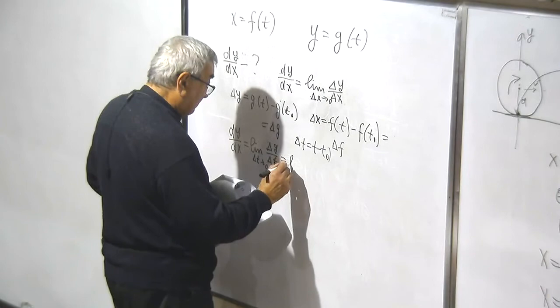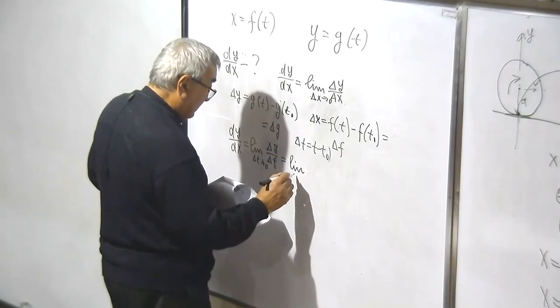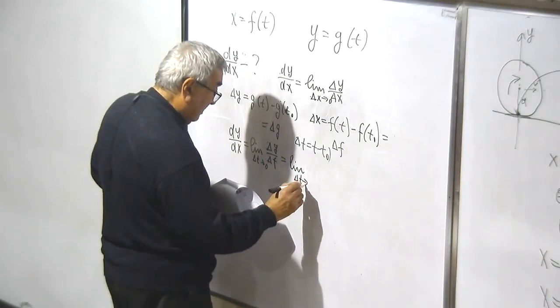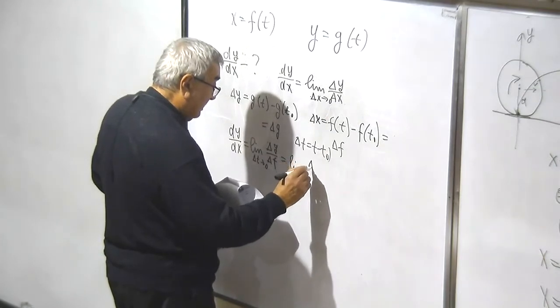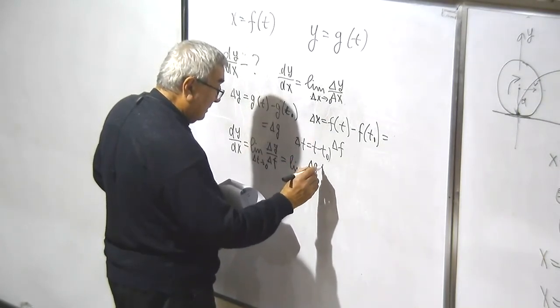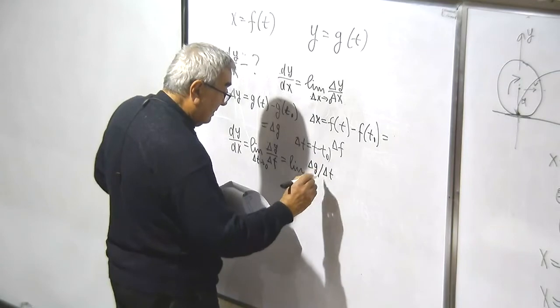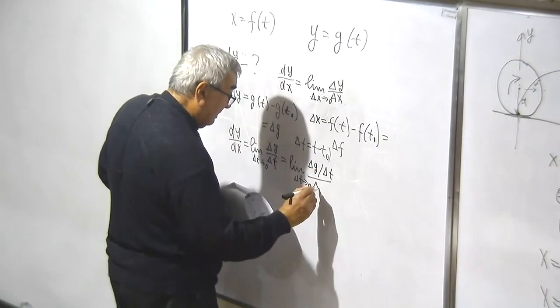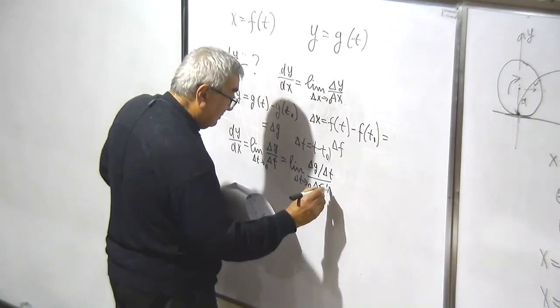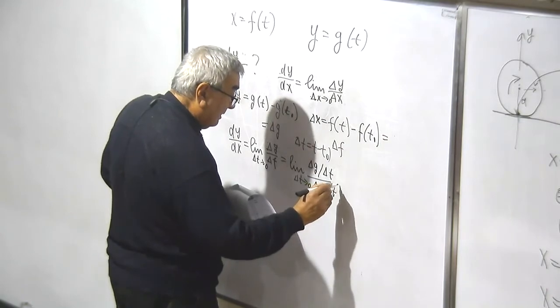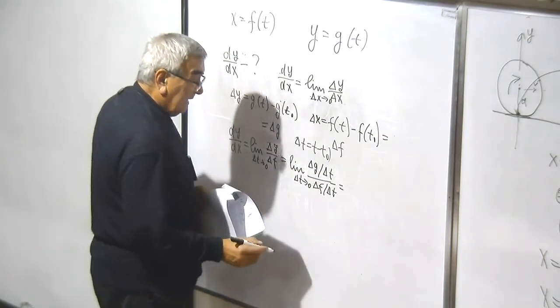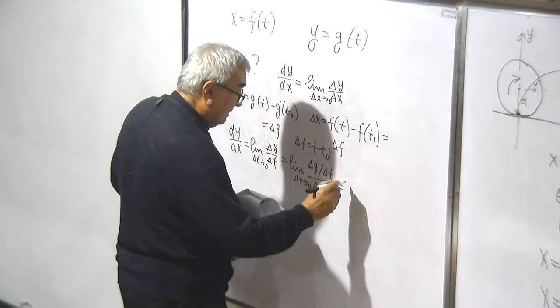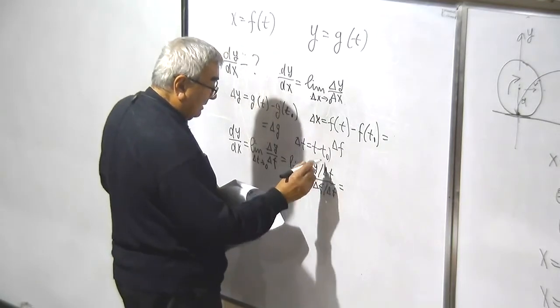That means limit delta t goes to 0, here will be delta g divided by delta t, and here delta f divided by delta t. That means this will be the derivatives.